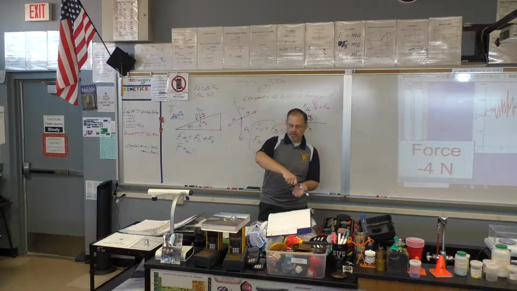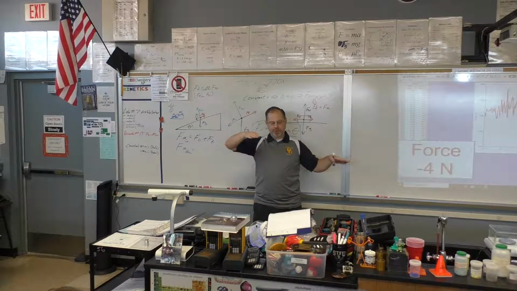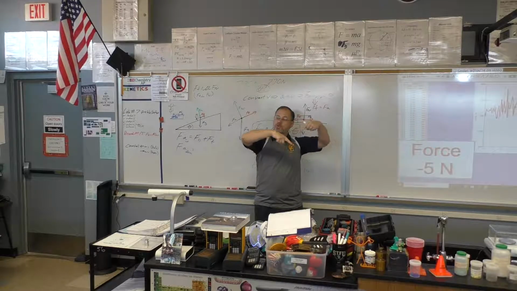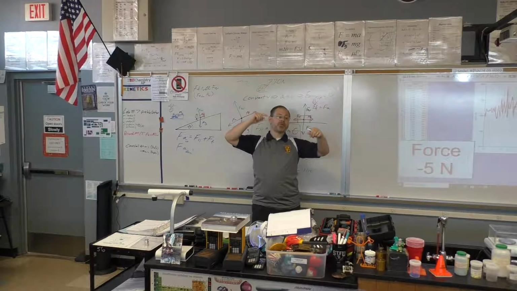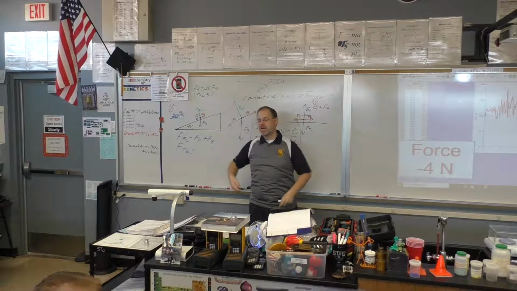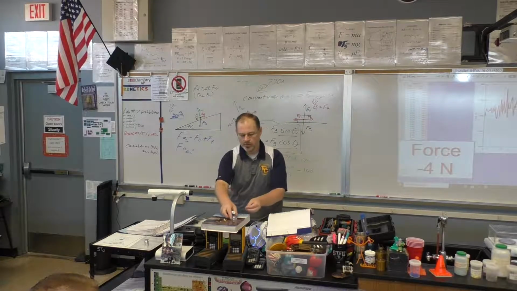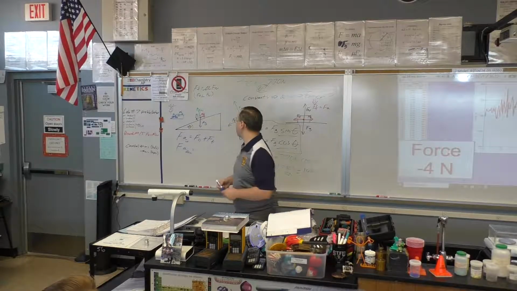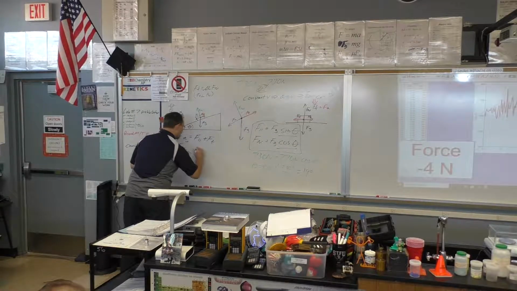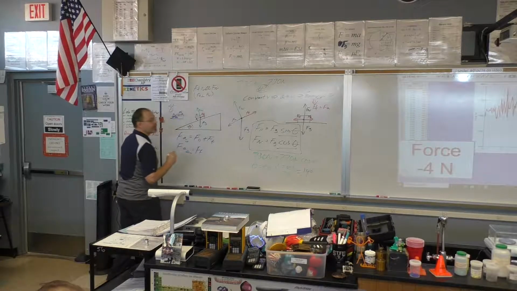So if I'm pulling the block up the plane, you set the textbooks on it, put the track on there, you are pulling against force of parallel, which is pushing down, and you're pulling against force of friction, which is pulling down. On the other hand, if you go down the plane, what are you pulling against? Force of friction. But what's helping you?